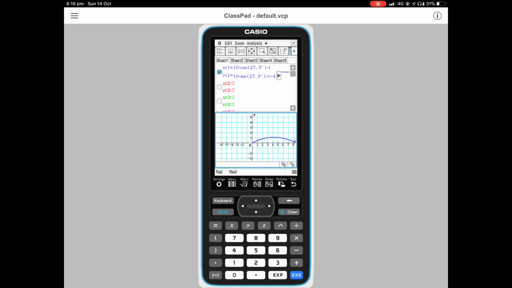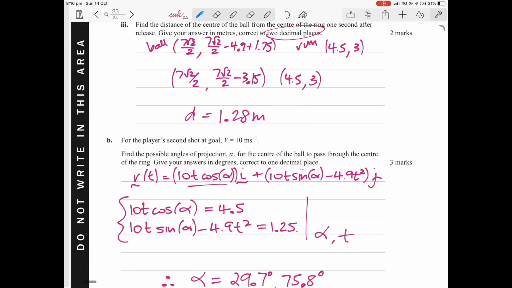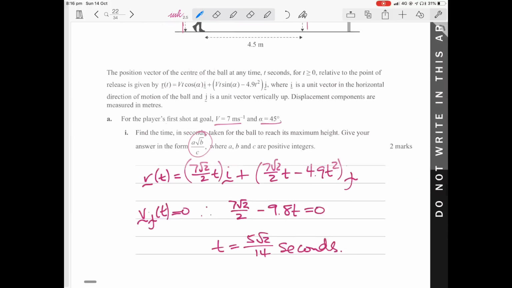So that would be 4.5 and then 1.25. I guess it's gone over the height of the ring. I think it'd smash into the ring, but anyway. It's a bit stupid, I don't think. You wouldn't get a goal. It would hit that spot if there was no ring in the way.